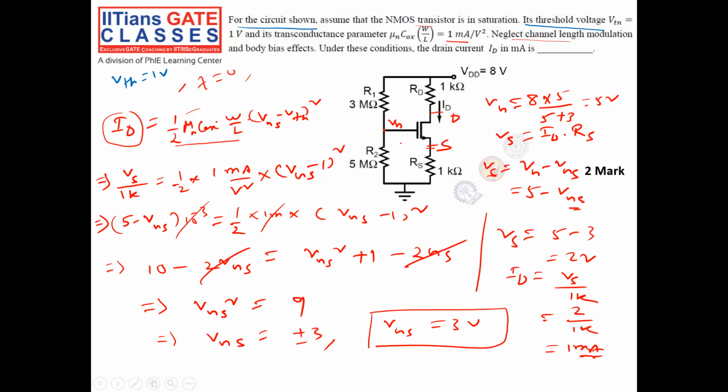So in the exam, always try to express ID in terms of VGS. The other way is you put VGS equal to 5 volt minus VS, where VS is nothing but ID into RS. If you solve that directly, you will get ID, but the equation will be a little lengthier and difficult to solve. So always express ID in terms of VGS in order to solve it quickly.